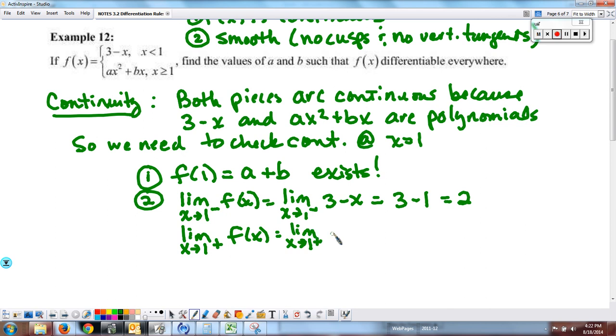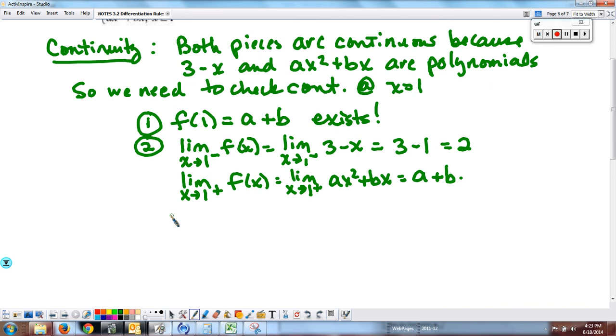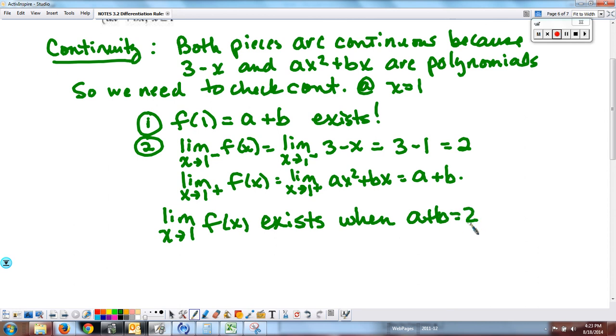The limit as x approaches 1 from the right on this function, you would use the right piece, ax squared plus bx, which since it's polynomial, we can just direct substitute: a plus b. And what we're basically doing the left and right limit for is because the limit as x approaches 1 of f of x has to exist, and it exists when a plus b equals 2, when the left and the right limit are the same.